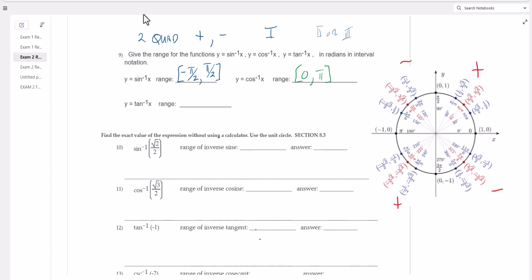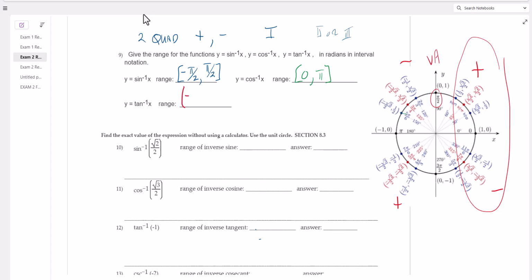You could put it together this way, but the standard is to put it together this way. And part of the reason for that, I think, is you would have a vertical asymptote at pi over 2. So to keep from having to write out two separate intervals, we chose to do it this way.